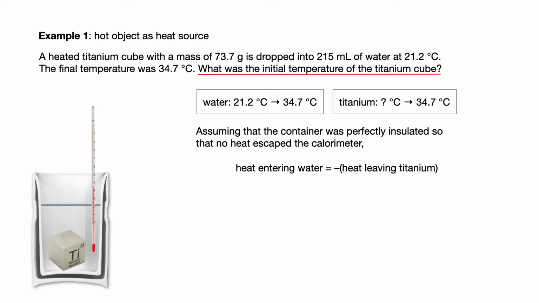So for each of these, for the water and for the titanium, the heat that is crossing into or out of the material is given by the specific heat of the substance times its mass in grams times the change in temperature. And we can look up the specific heat for water. That is 4.184 joules per gram degrees Celsius. For titanium, the specific heat is 0.72 joules per gram degrees Celsius.